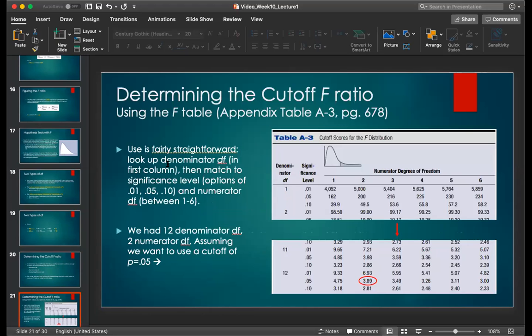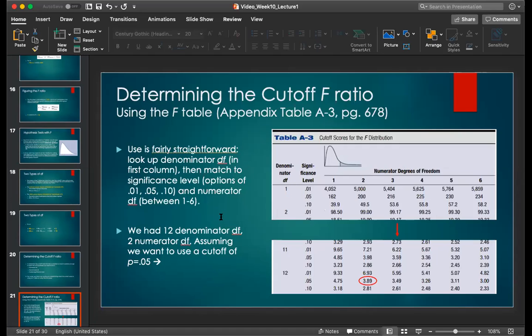So using the table is fairly straightforward. Look up your denominator degrees of freedom in the first column, then match it to the significance level options, 0.01, 0.05, and 0.10, and numerator degrees of freedom between 1 and 6. So here are your denominator degrees of freedom in the column, and in the row you have your numerator degrees of freedom. Column 2 is your significance level, which will be 0.05.